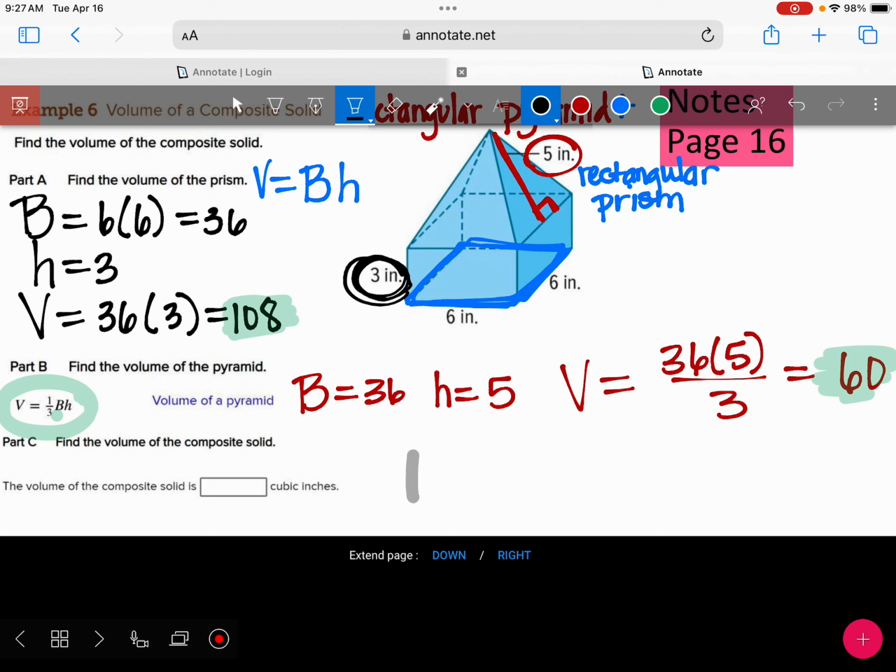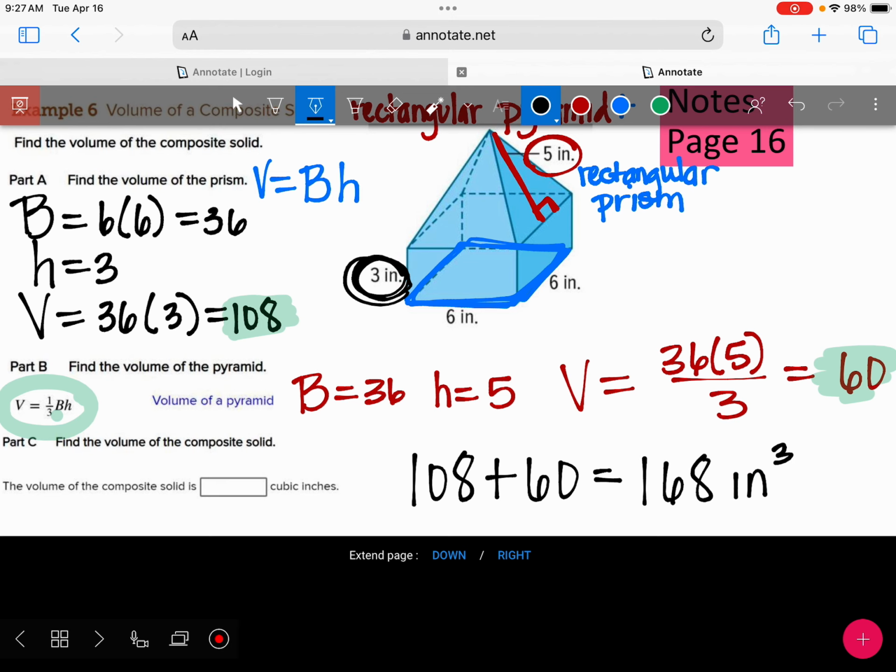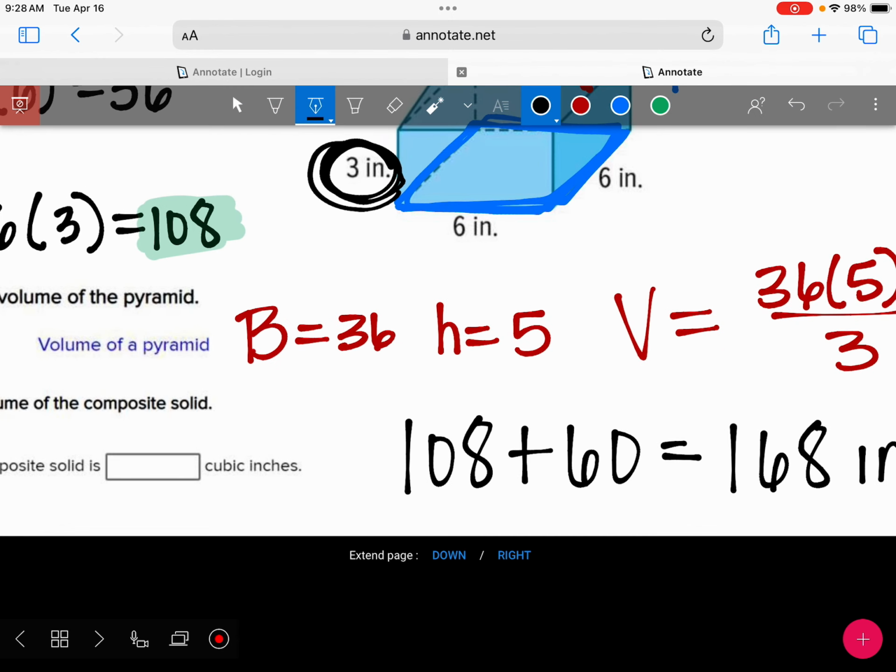So your last part, part C, is 108 plus 60. Which is 168 inches cubed. And that would be your final answer.